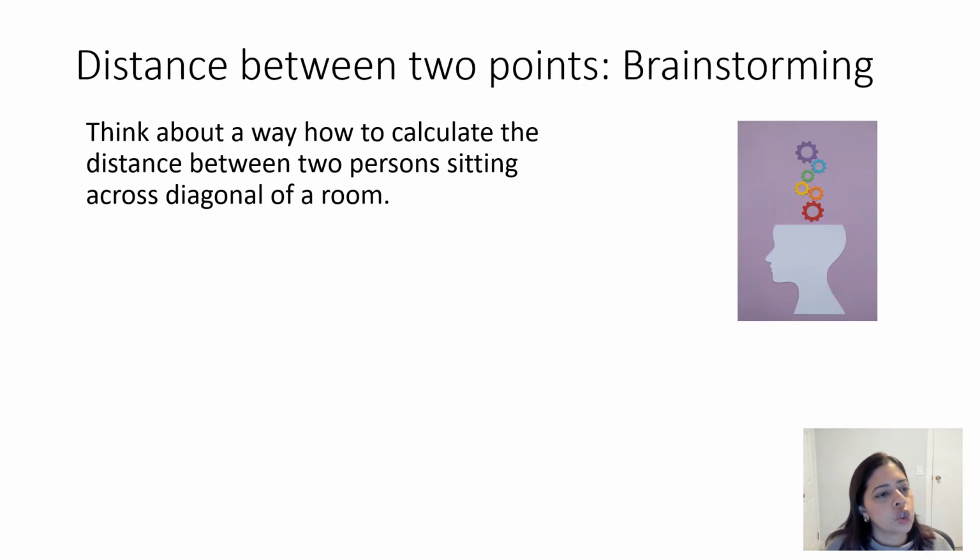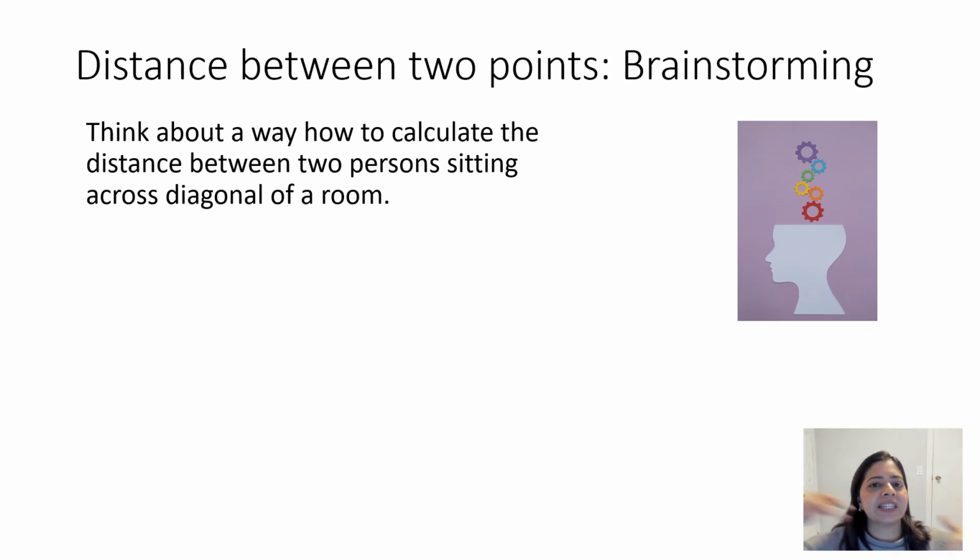Now the next thing we want to learn is how to find the distance between 2 points in a plane. For this, you have to recall how you compute the distance between any points on a line. To understand this, imagine you're in a room and there is one person in one corner, another person sitting in the other corner.